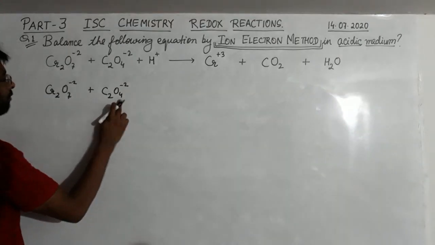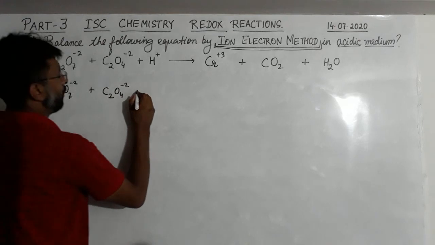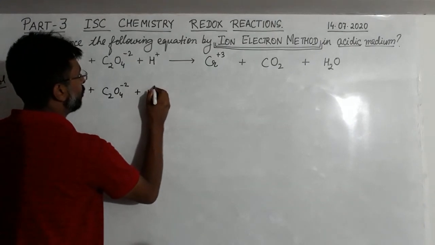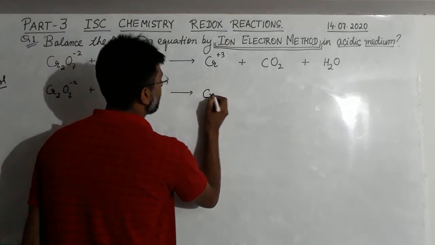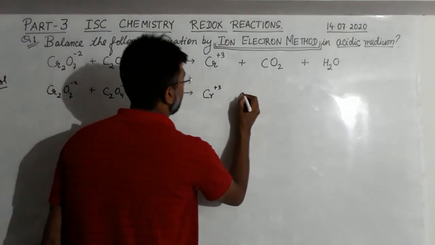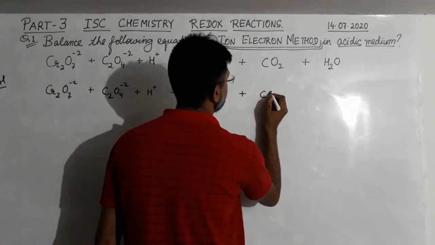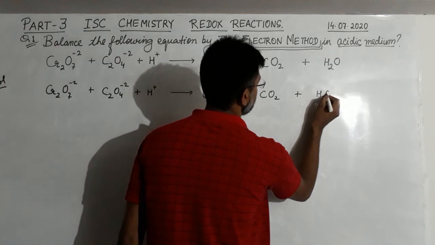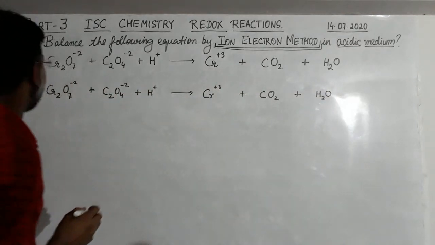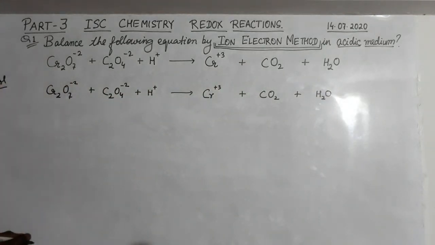This is the oxalate ion, this is the dichromate ion, plus H+ hydrogen ion, arrow, Cr3+ plus CO2 plus H2O. Now, after writing this ionic equation once more, you work out the oxidation number of all the atoms over here. So the first one is in dichromate ion.